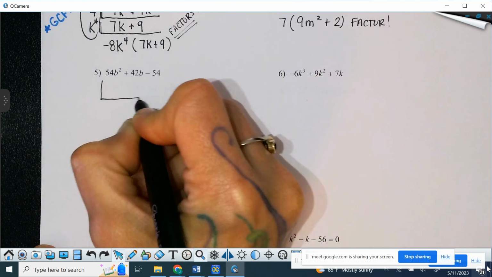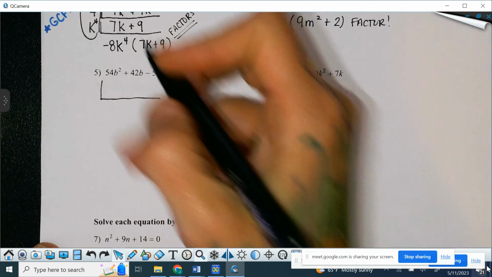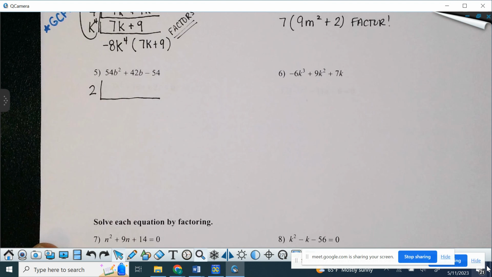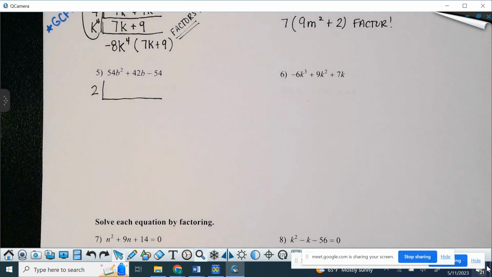So 54 and 42, what number do you think they both have in common that you'd like to try? Want to try 2? All right, we'll try 2. So what's 54 divided by 2? Oh, no. 54 divided by 2 is going to give us something bigger than that. Yep, 27. Perfect.